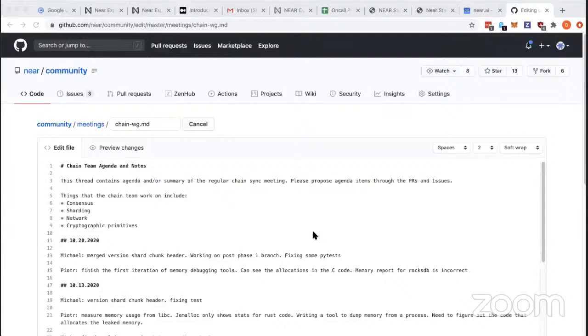I don't see any allocations from Wasmer at all. It probably must mean that it's clearing all the memory after it finishes running. That's why I don't really see any.